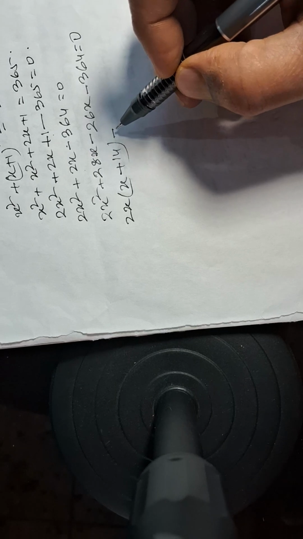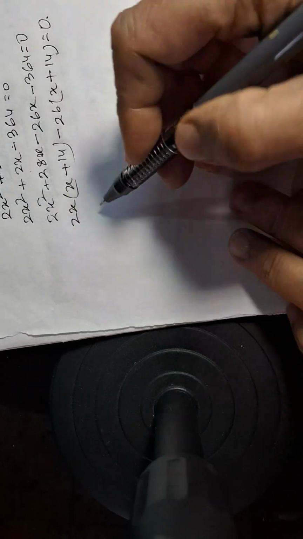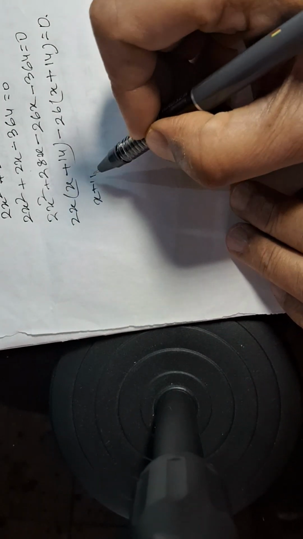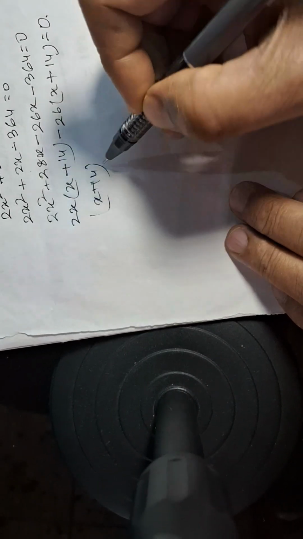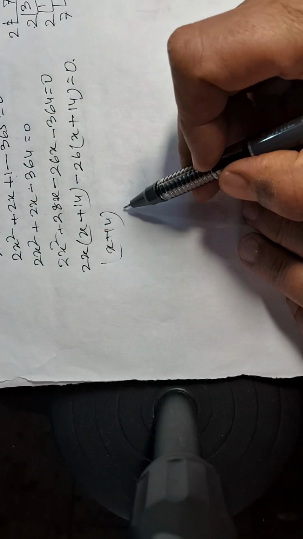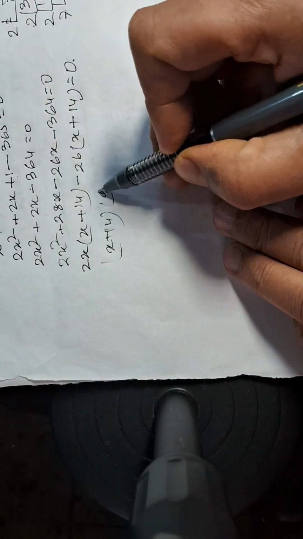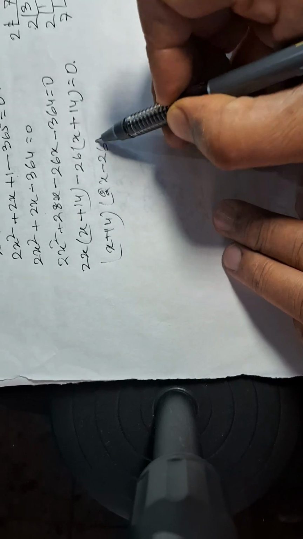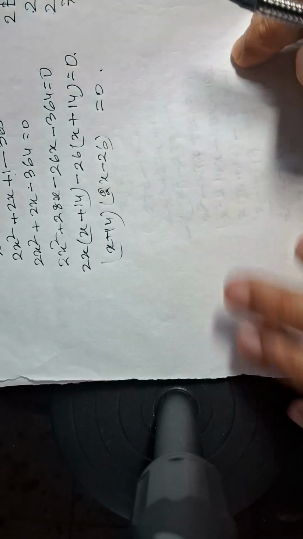Then here we will take common 26, then it will be x plus 14, equal to 0. The factors will be x plus 14 and 2x minus 26 equal to 0.